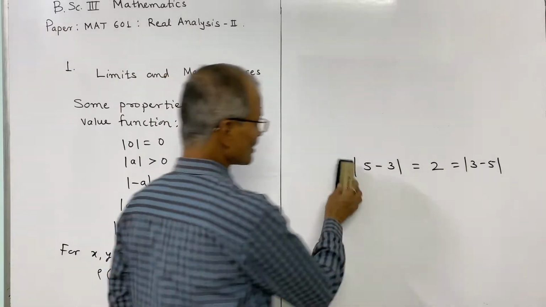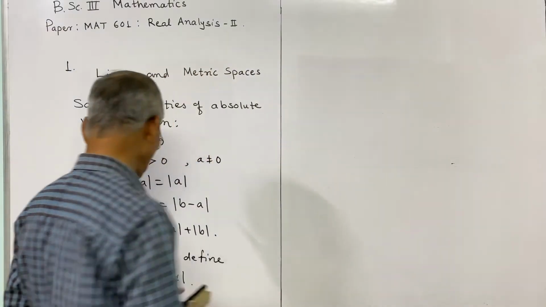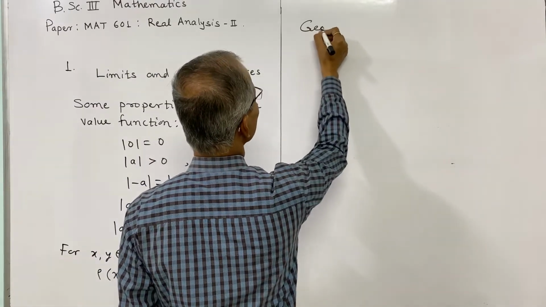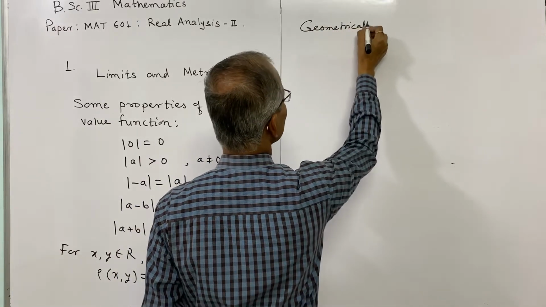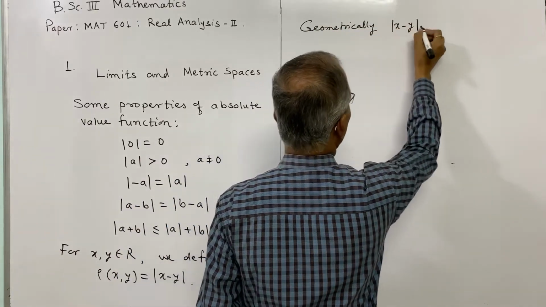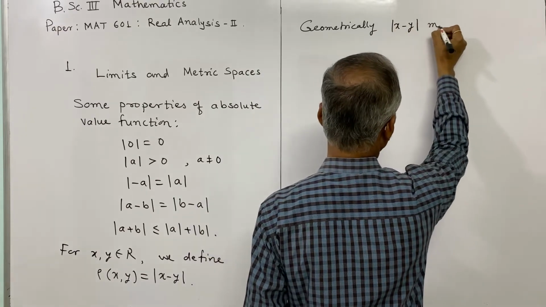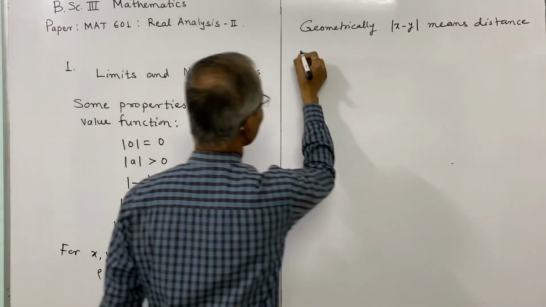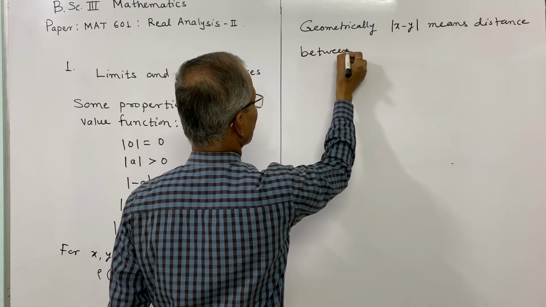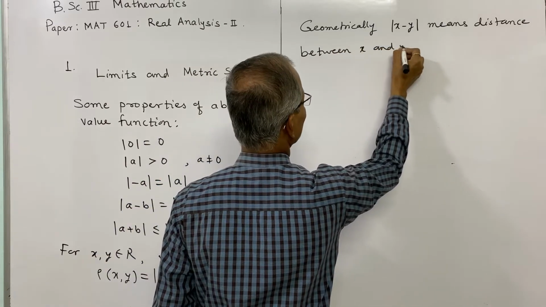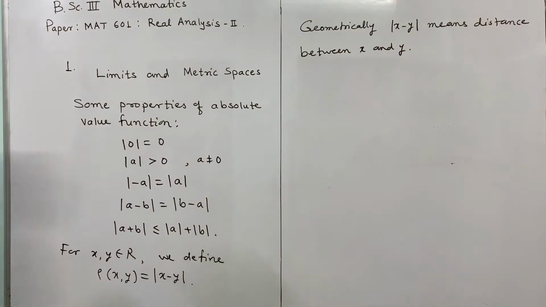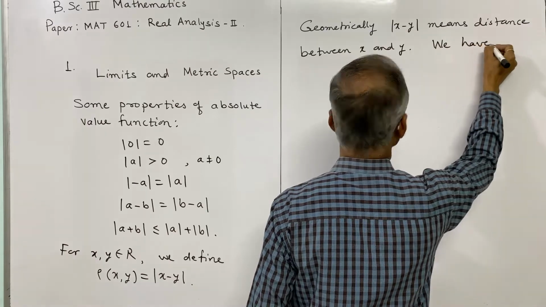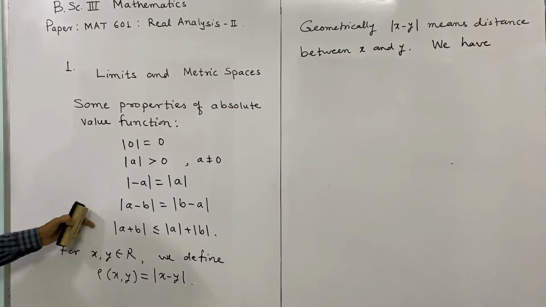And now this function satisfies the following properties. So geometrically, the absolute value of x minus y means the distance between x and y. So we have the following properties, according to the properties of the absolute value function.